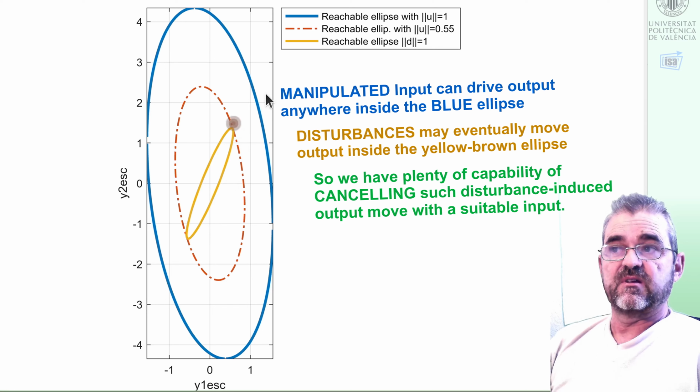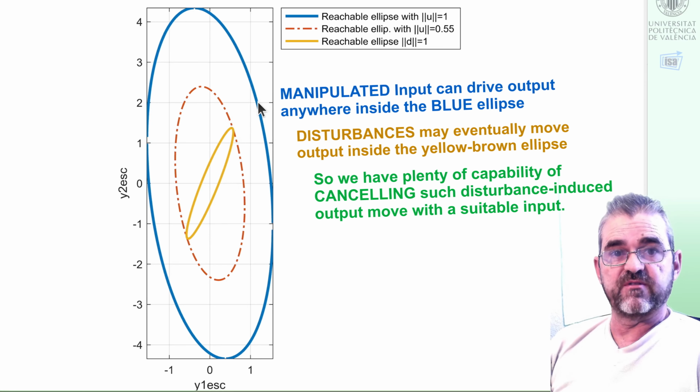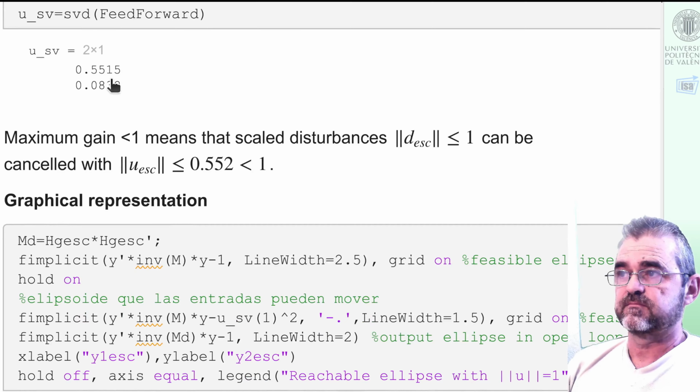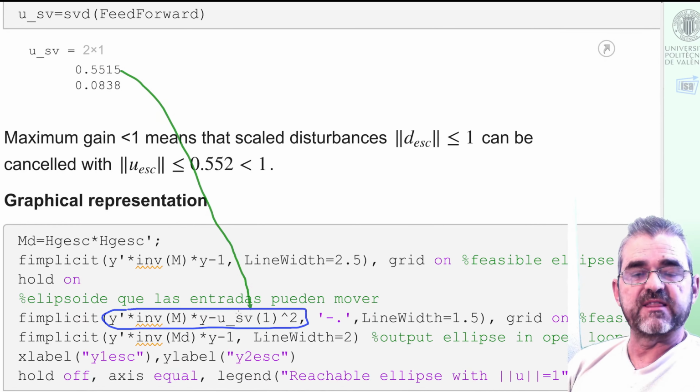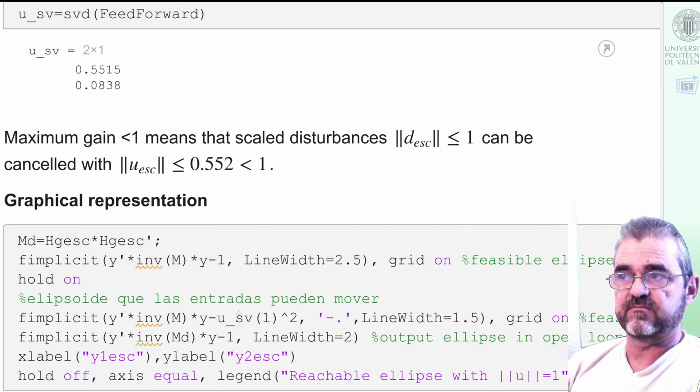And in fact, if I zoom the blue ellipse, multiplying it by 0.55, which is associated to this minimum gain, I put it there. With this line, I draw a dashed ellipse with a size 55% that of the larger reachable space.